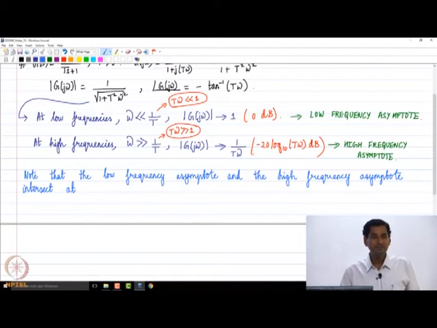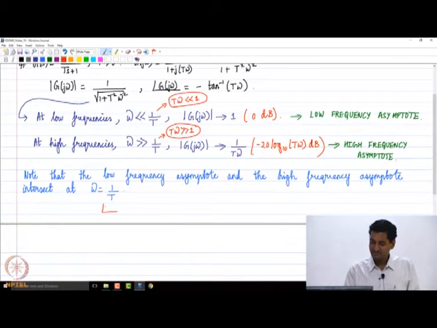So where are they going to intersect? Wherever the high frequency asymptote value becomes 0 decibel. Where does that happen? When T omega is 1, or omega equals 1 by capital T. So when omega equals 1 by capital T, the low frequency asymptote, which is 0 decibel, and the high frequency asymptote give the same value. So in principle they are intersecting each other.